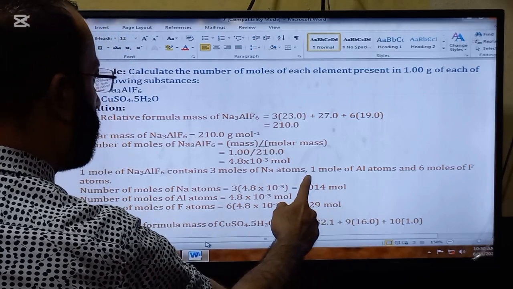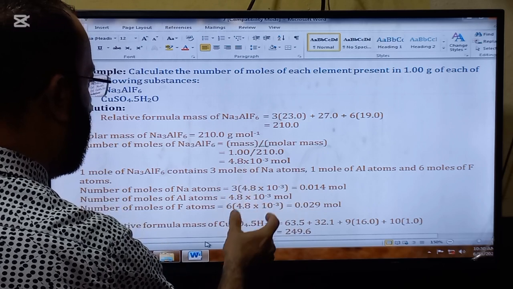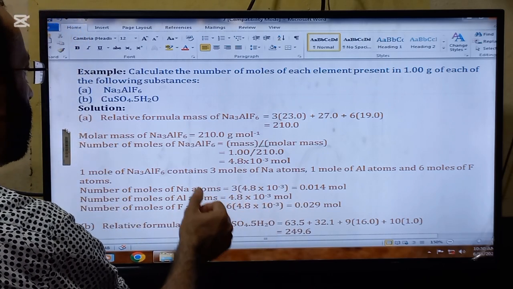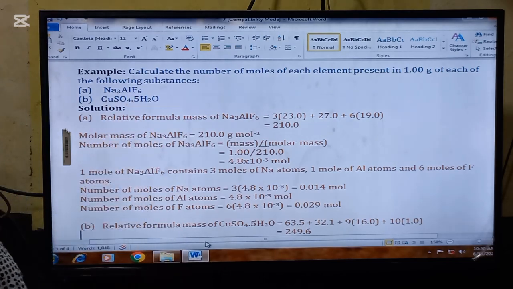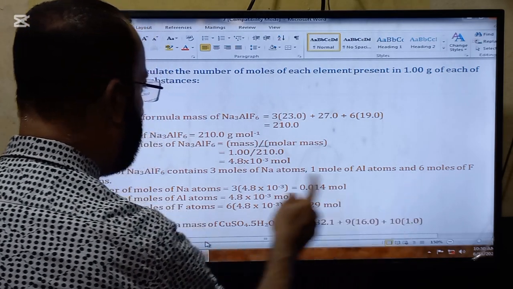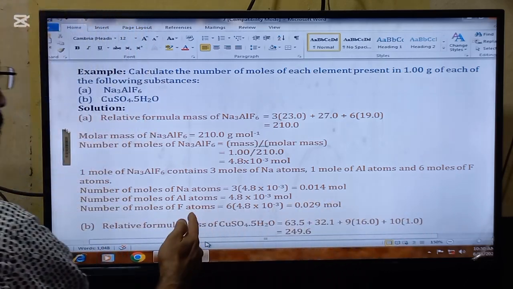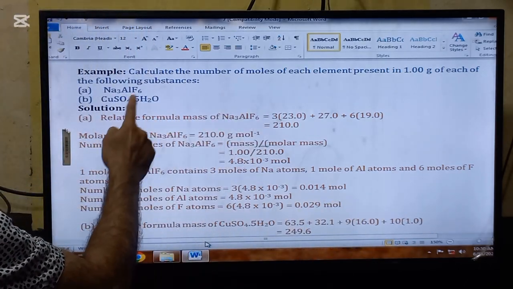Sorry, first aluminium: 1 will be multiplied with this one, which gives the number of moles of aluminium atoms in 1 gram of this substance. Likewise, 6 will be multiplied with this one to give the number of moles of fluorine atoms in 1 gram of this substance.